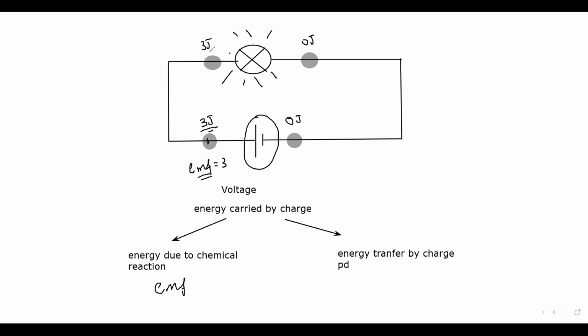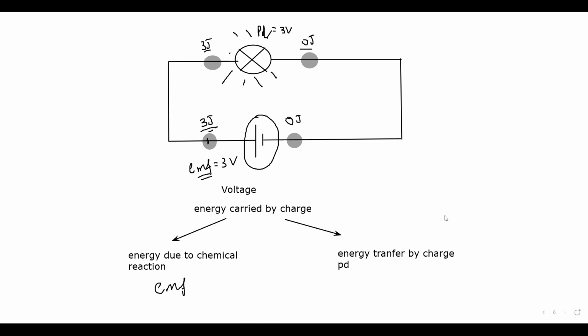And you can see 3 joule becomes 0 joule. So how much energy is transferred by the charge? It transferred 3 joule. So the energy the charge transfers, we call that potential difference. So the energy which the charge gets due to a chemical reaction from the cell or a battery, we call EMF.